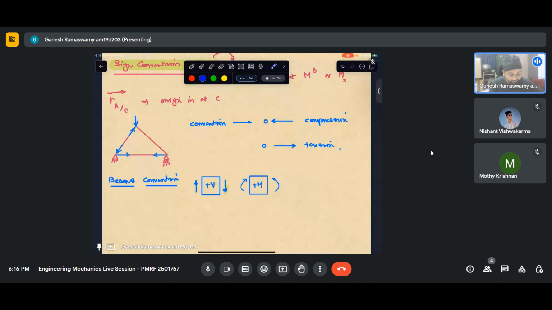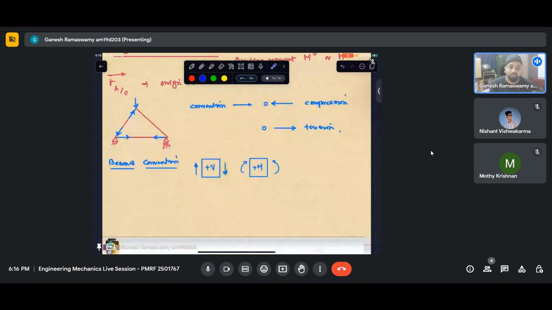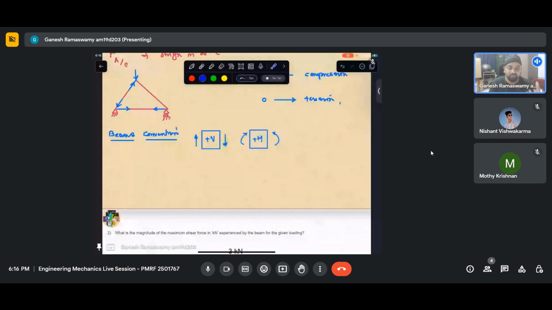Similarly, for beams, we will no longer be dealing with joints, we will be dealing with surfaces. So whenever I encounter a positive surface, I'll quickly follow the sign convention. I'll put a force pointing towards the bottom and an anti-clockwise moment, and I will consider that according to my sign convention, I have put a positive shear force and positive bending moment.